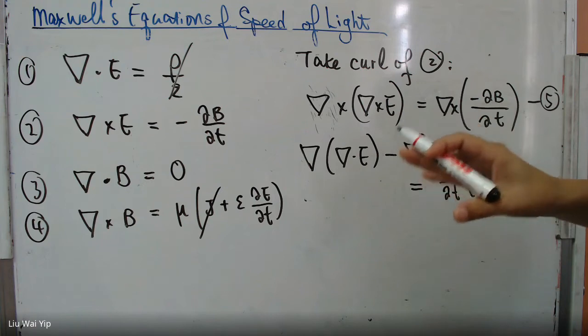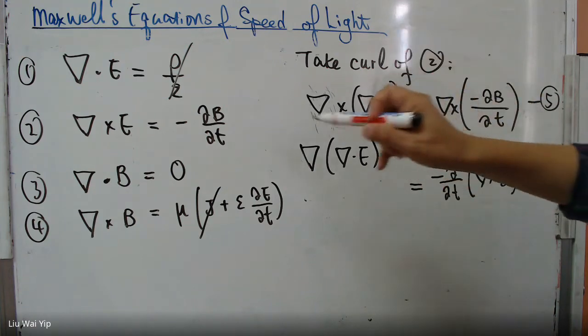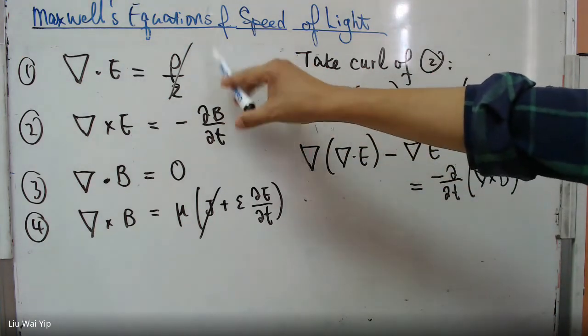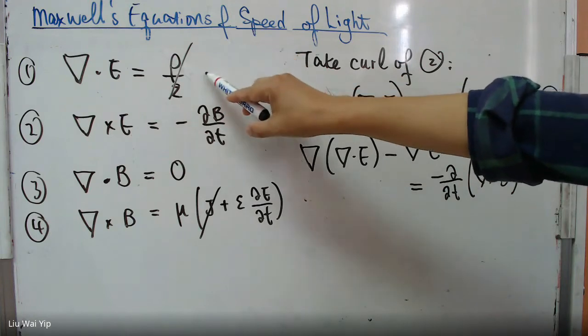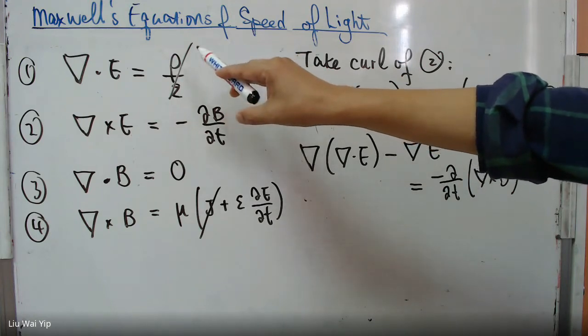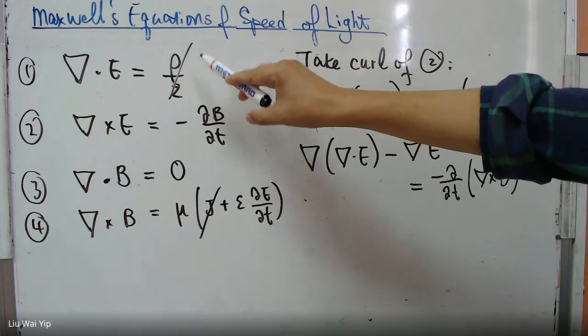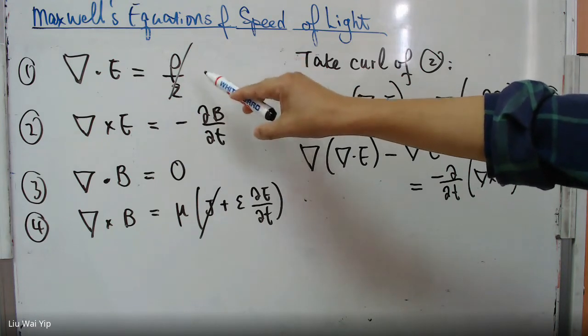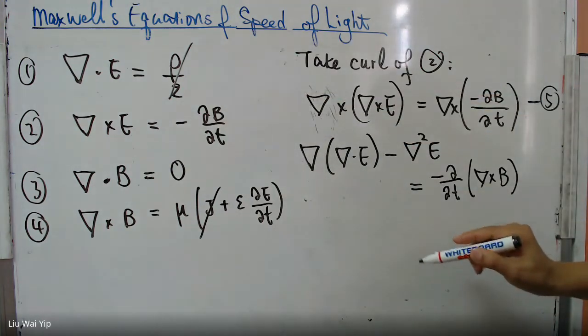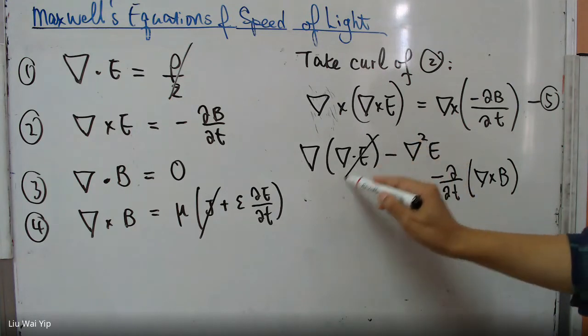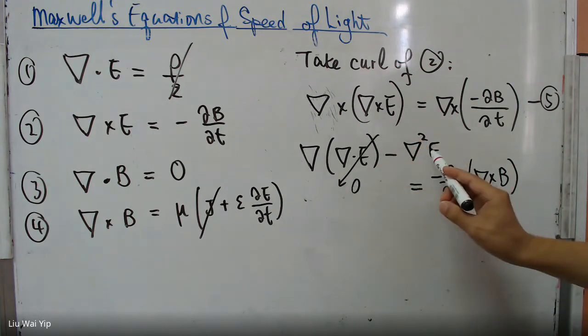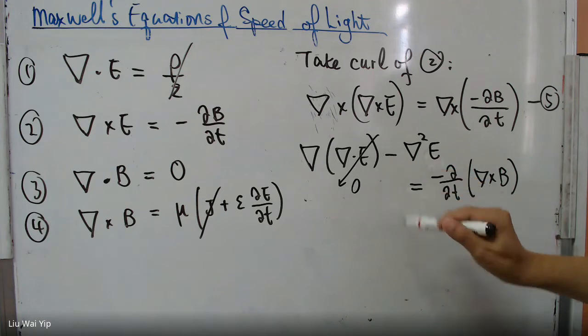There should not be any net charge. So in other words, using the first equation here, divergence of E is 0. So we have 0 here, and what we have left is this one.